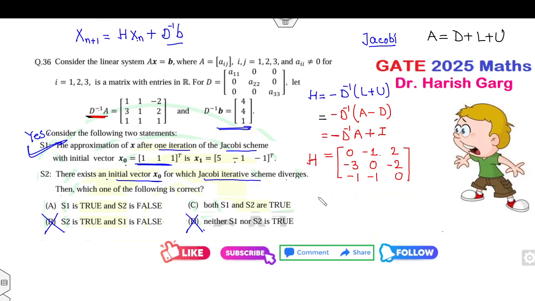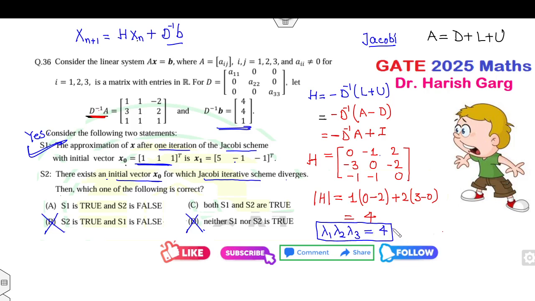Very simple. You can find the determinant of H, so it is 1, 0, minus 2, plus 2, 0, sorry, 3, minus 0. So this number will be my 4. So once you know the determinant of the matrix, that means the product of the eigenvalues is my 4. Fine.